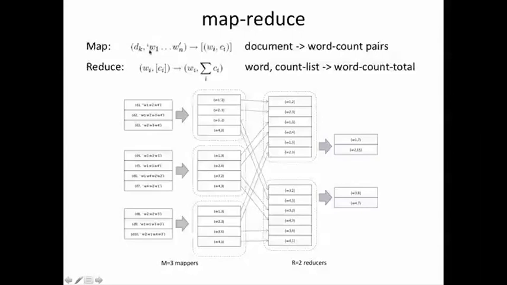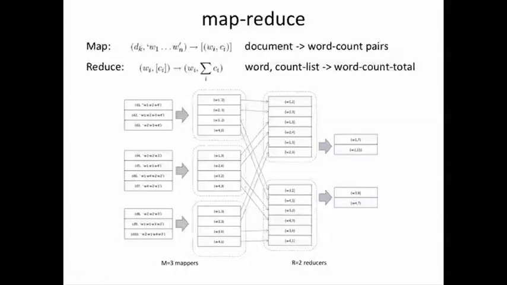In other words, it's getting a key and a value and a sequence of such key-value pairs. A map task works on a key-value pair, such as a document ID and its contents, and produces a bunch of key-value pairs, in this case, words and the frequencies with which they occur in this particular document.